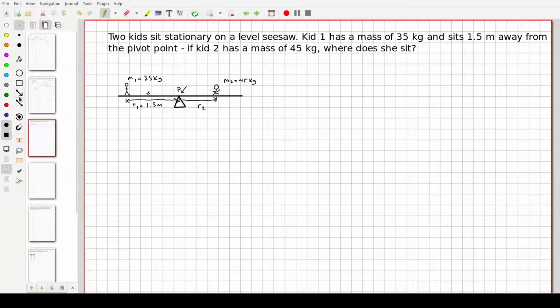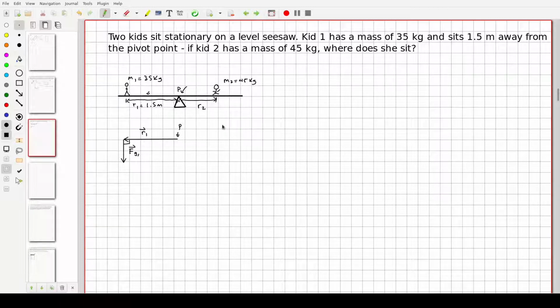So if I were to draw a picture with this being the vector R1 along the seesaw, and this is my pivot point right here at P, and this being the weight of the kid, since this is a level seesaw, we know that the angle between this kid's weight and R1 is going to be 90 degrees.